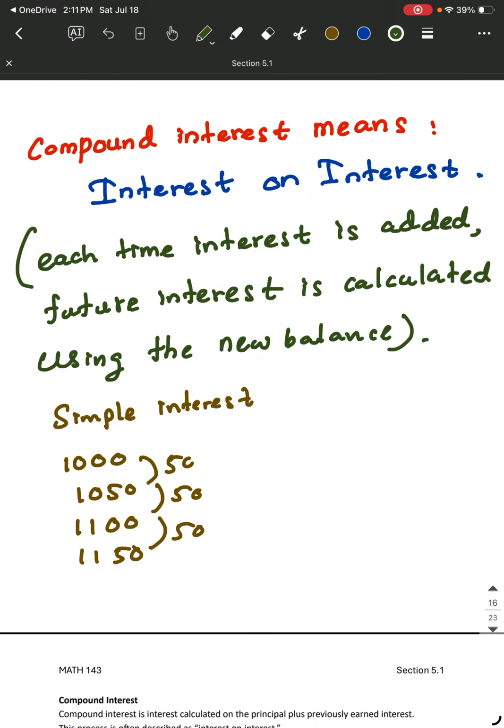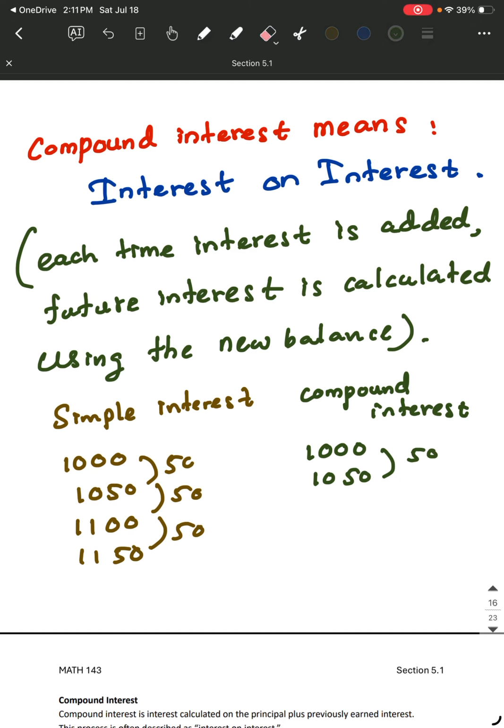But the compound interest starts at 1,000, the principal amount, then 1,050 in the first year, 50 interest, then in the second year 1,102.50, that means 52.5 interest.